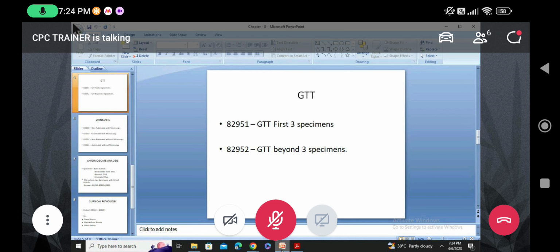So this is for GTT. And one more thing, please note down: we don't use the 91 modifier along with the GTT code.